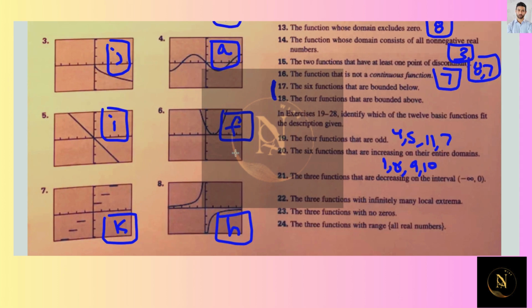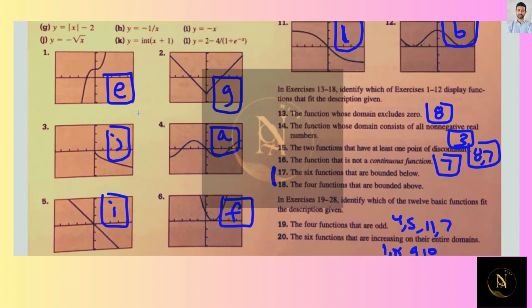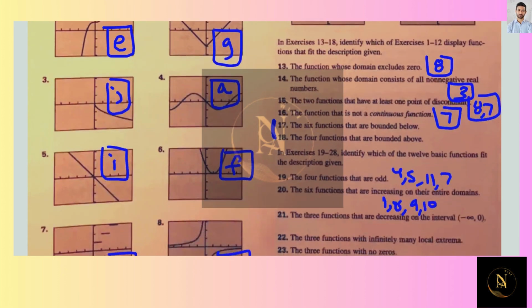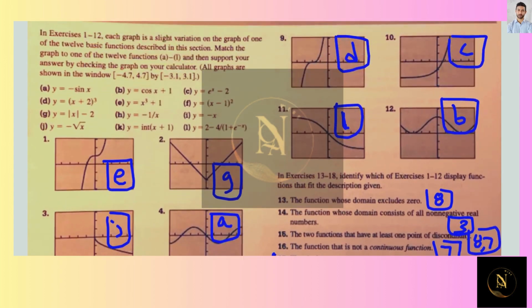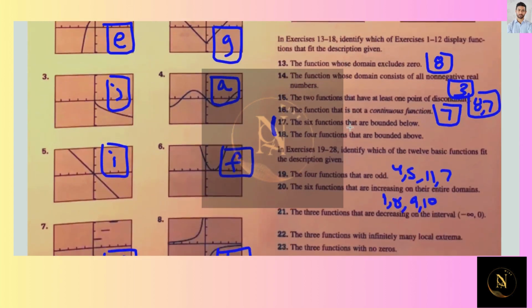Increasing over the whole domain. I think it's just 4 of them, not 6. Oh, the basic functions. Okay.